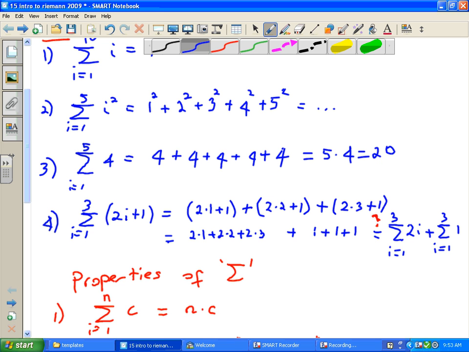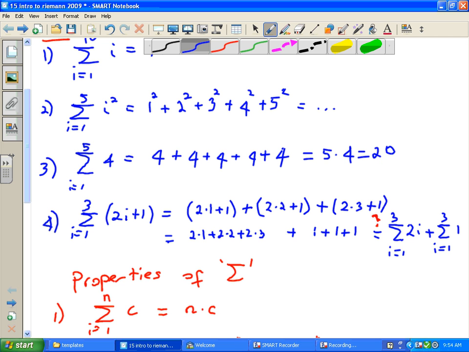And at the end, I broke it down as summation of 2I plus summation of 1. Can we do this based on this one example? Well, if we expanded it out, we collected the 2 times 1, 2 times 2, 2 times 3 together, right? That's my 2 times I, as I goes from 1 to 3. And then the 1 plus 1 plus 1, that's my summation of 1 as I goes from 1 to 3. So does it look like we can do this?